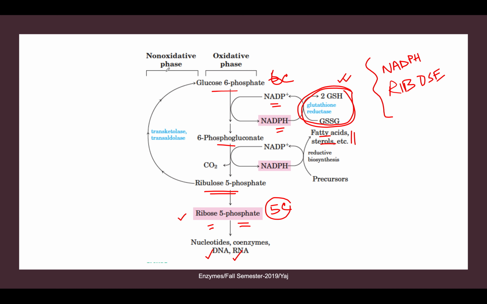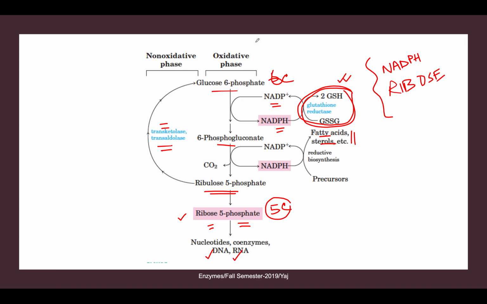The conversion of glucose 6-phosphate to ribose 5-phosphate is an oxidative process, whereas the conversion of the 5-carbon intermediate ribulose 5-phosphate back to glucose 6-phosphate by the participation of the enzymes transketolase and transaldolase involves the non-oxidative phase.